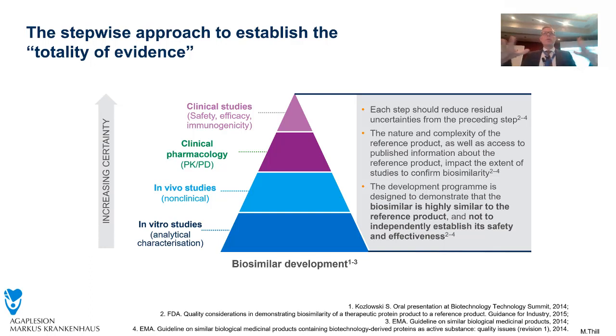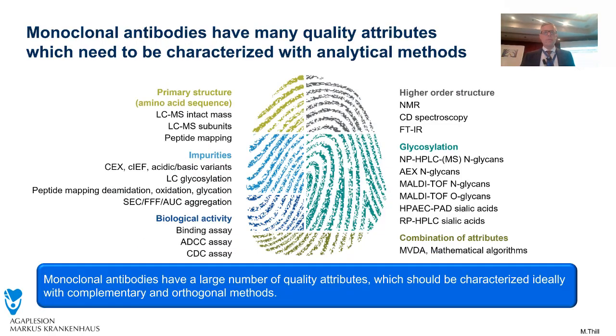You see that there is a big basement for in vitro studies, in vivo studies, so PK and PD data. And then we have the other way around when we compare it to reference products and the clinical trials for reference products, that we have on top just a few, maybe just one clinical trial to show safety, efficacy, and immunogenicity in comparison to the reference product.